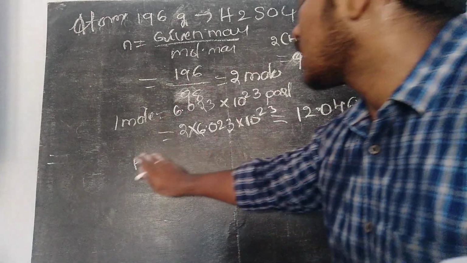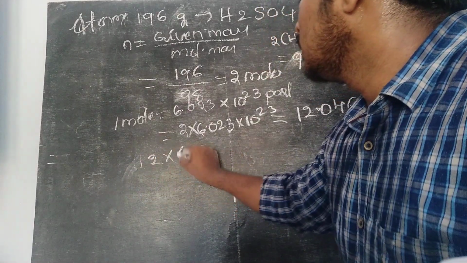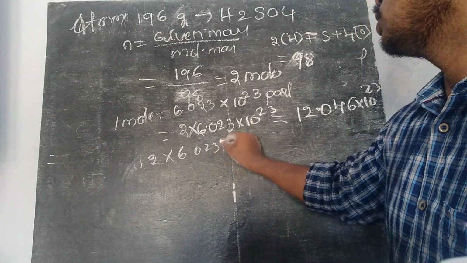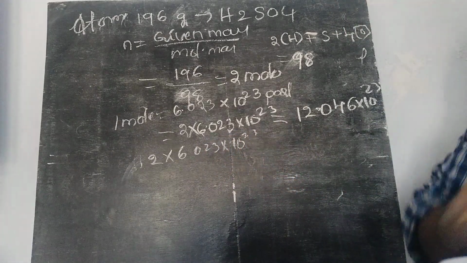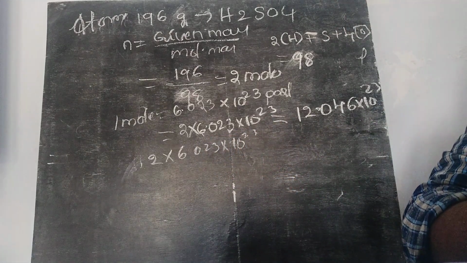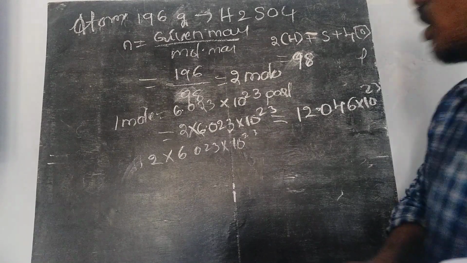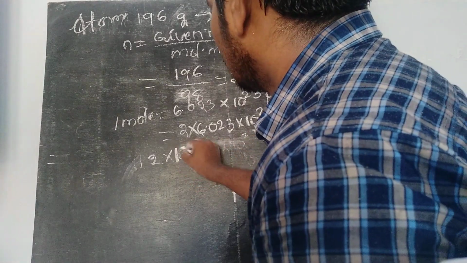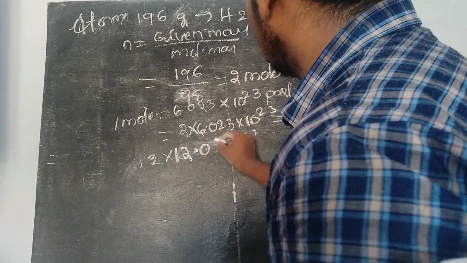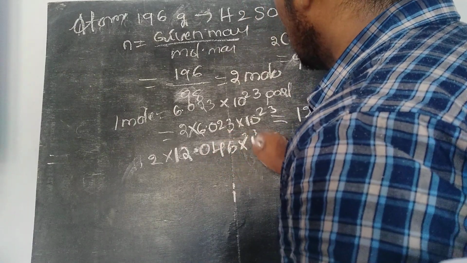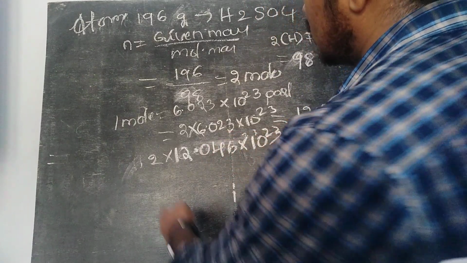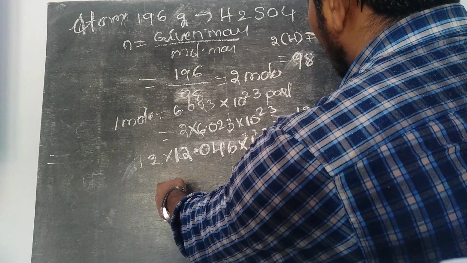So 2 hydrogen atoms means 2 into 6.023 into 10 to the power of 23 particles. So one sulfur atom, how much do we get? 12.046 into 10 to the power of 23 hydrogen atoms.